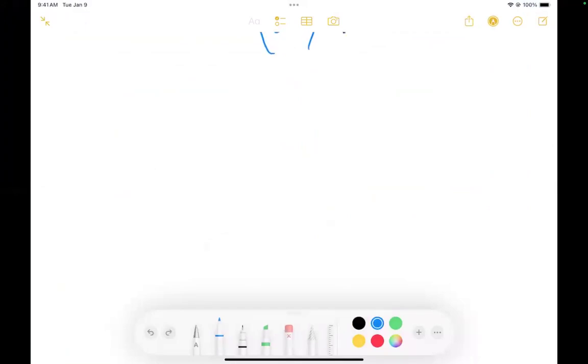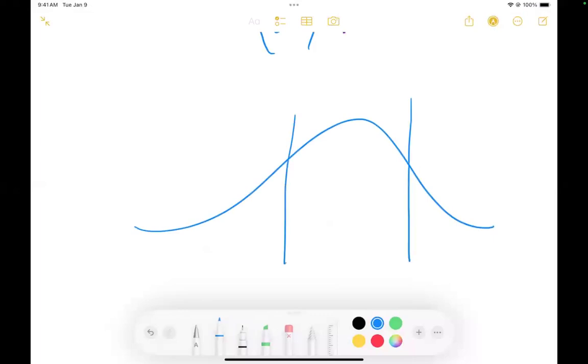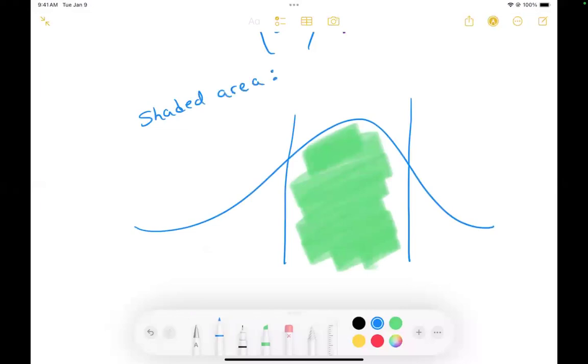Okay. I'm going to do another normal curve. Here's my normal curve. I'm going to make up a number. So I'm going to say that we have the middle shaded, because why not? So the shaded area is, I'm going to say 52%, 0.52.